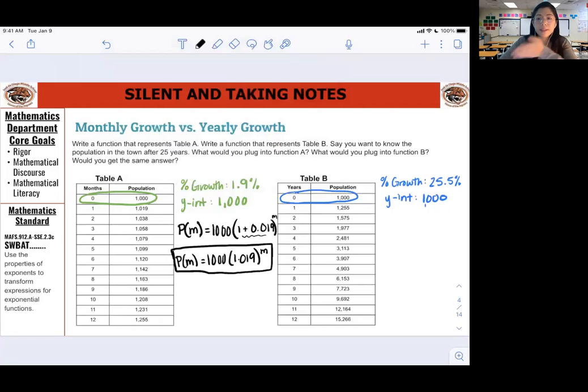And then I can do the same exact thing with table B. This time though, I'm going to call this P of Y, just because it represents years rather than months. That's the only reason.